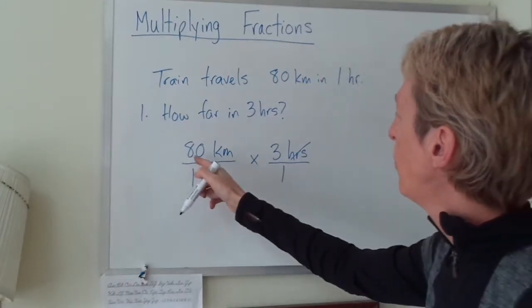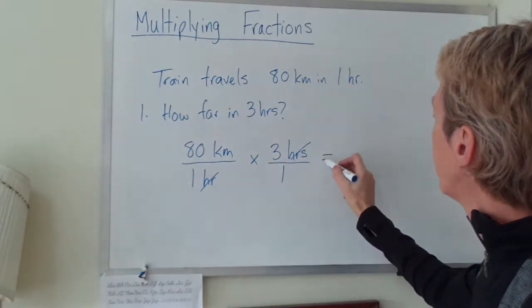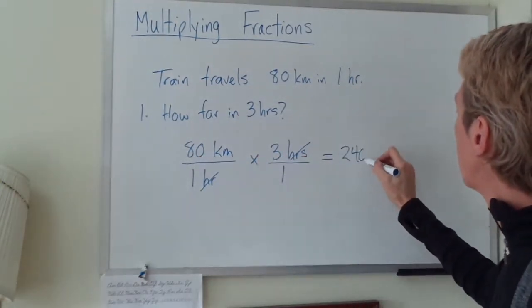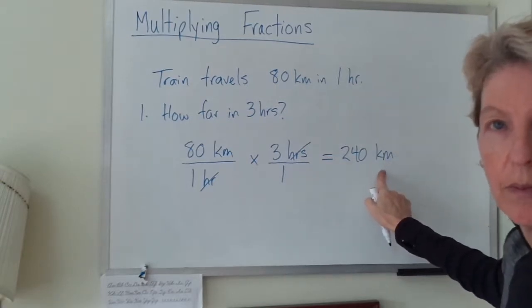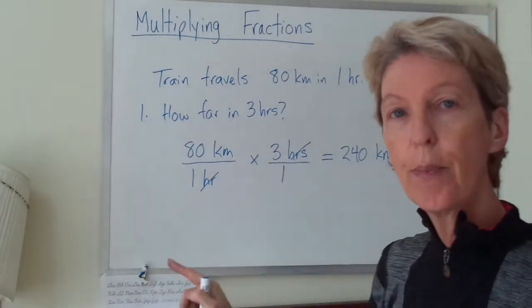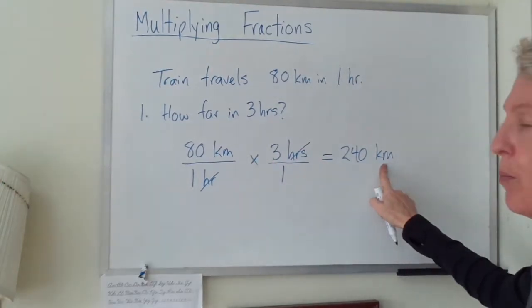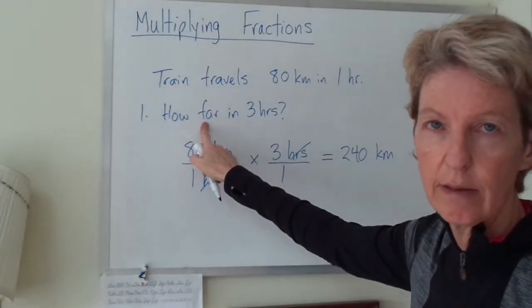And we're left with the unit of kilometer, 80 times 3, and the correct unit. So we know that we have done the calculation properly because the units we've ended up with are kilometers, which is the distance that they're asking.